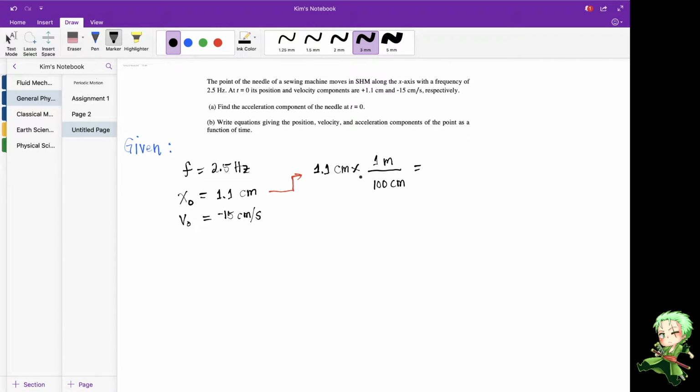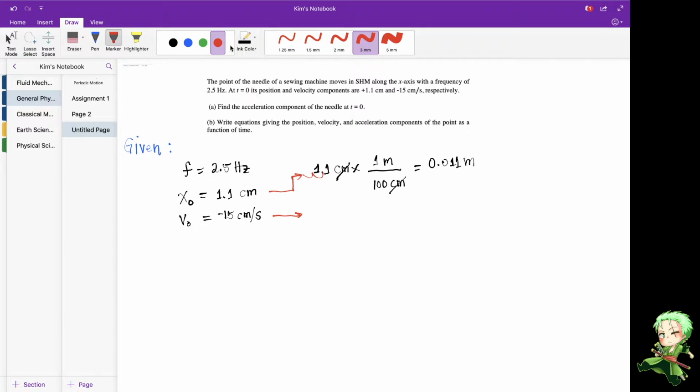The centimeters cancel out, and since you divide by 100, with 2 zeros, the decimal place will move 2 places towards the left. So that gives you 0.011 meters.